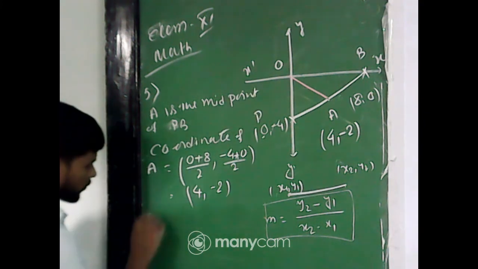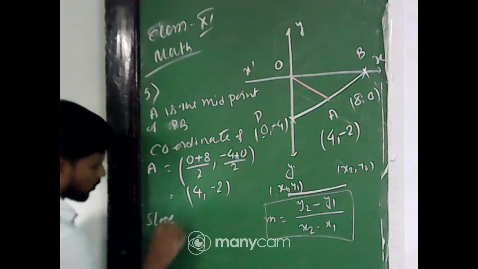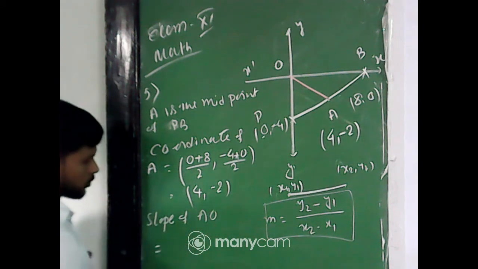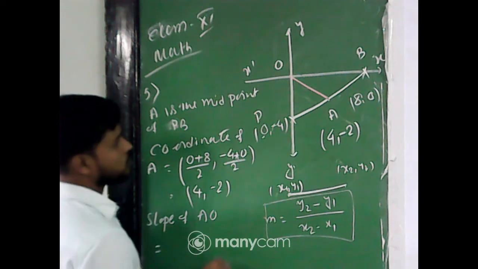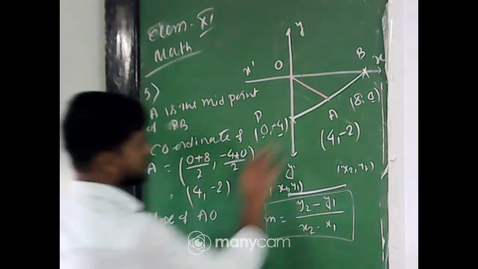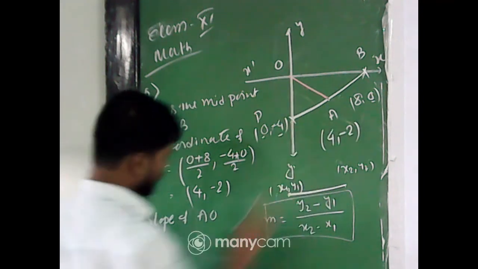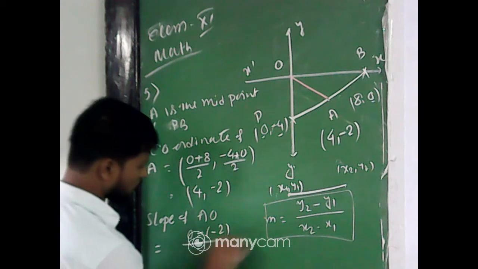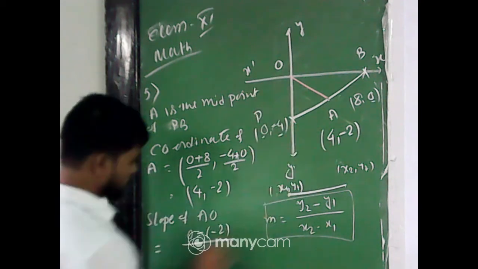So the slope of AO will be equal to y2, so that is 0 minus of minus 2 by 0 minus 4.